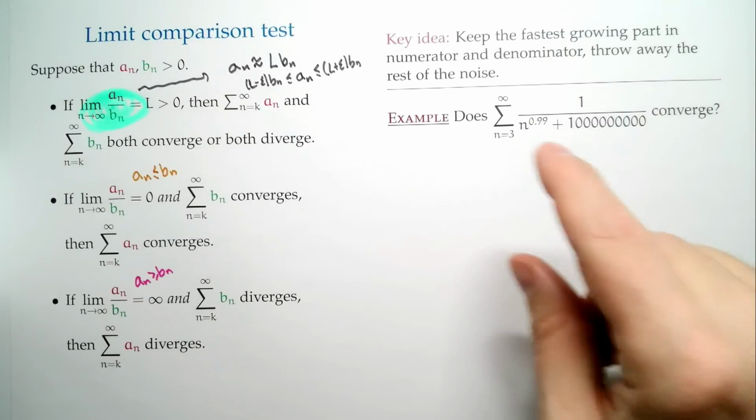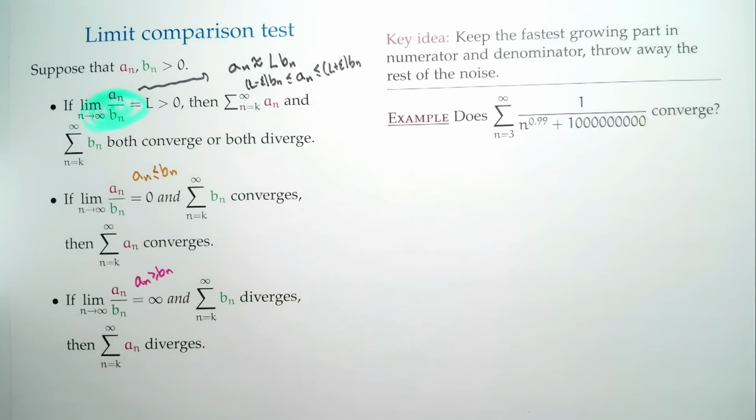Well, what we're going to do now is capture the essence of the growth and think of the rest of it as noise. So we're going to take out the noise, take out the muck. Get rid of it. Why? If we can take out the noise, then what remains is the pure behavior, the important part.